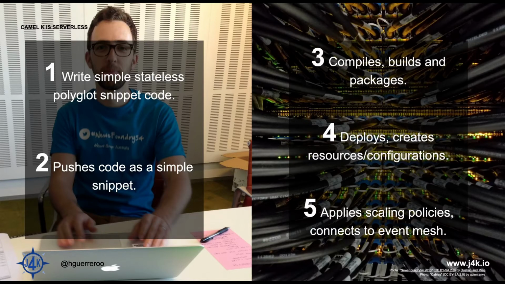And finally, the platform itself needs to apply scaling policies, deploying as many instances as required, or shutting instances down if there is no workload running at the moment. This is accomplished by connecting to the event mesh and handling the deployment of all my instances.